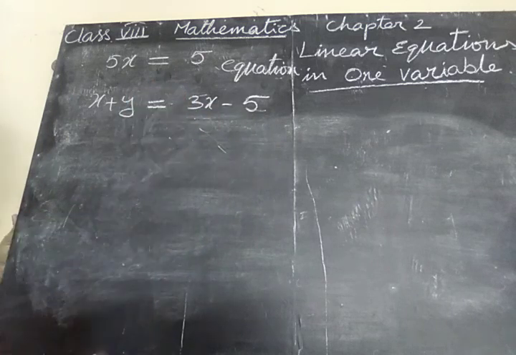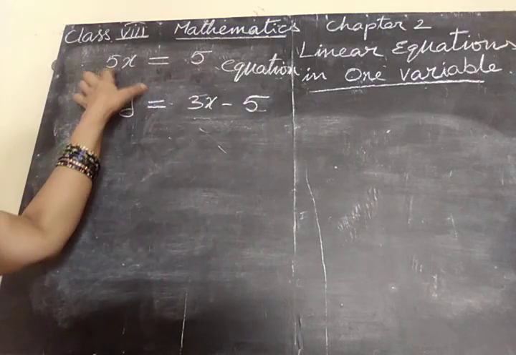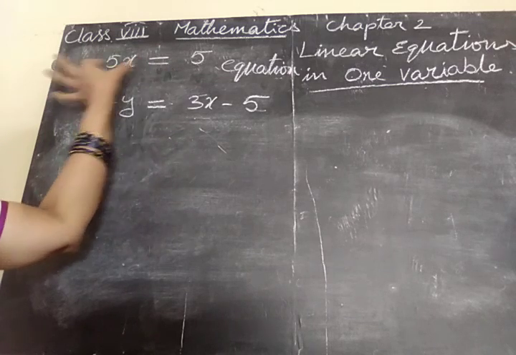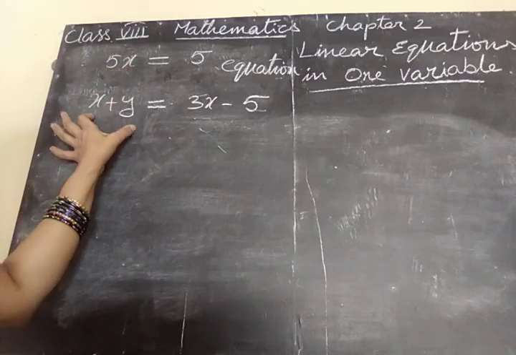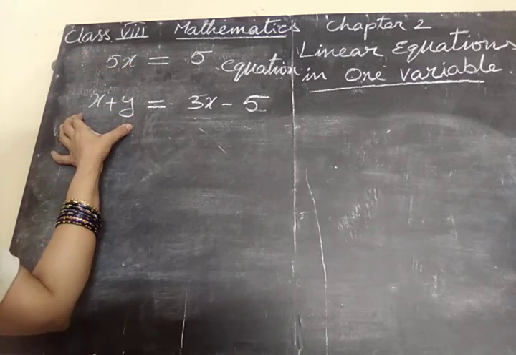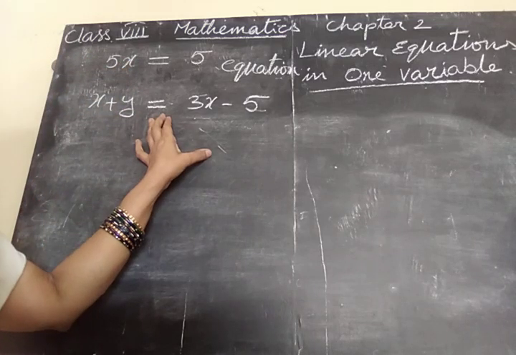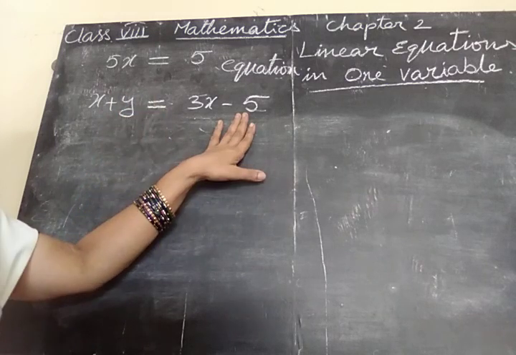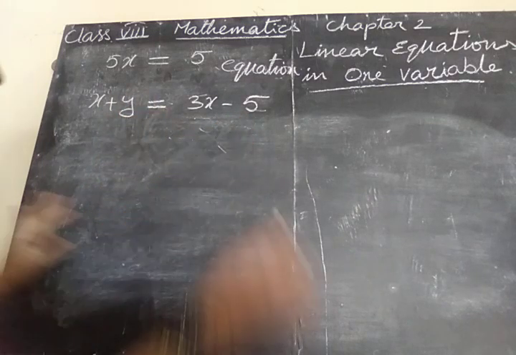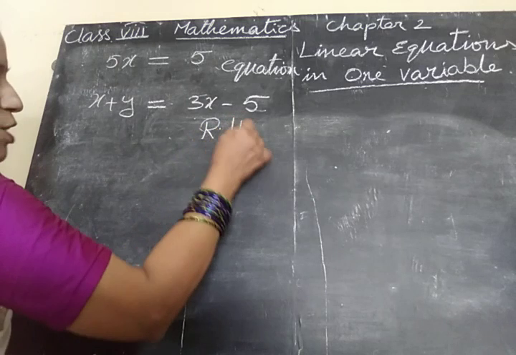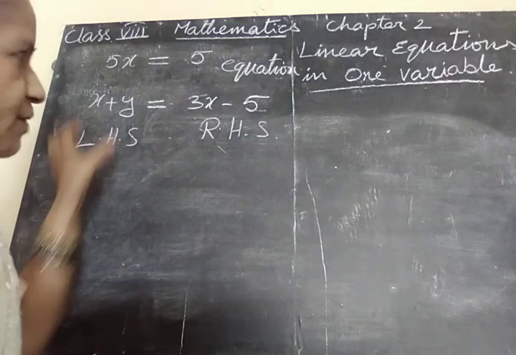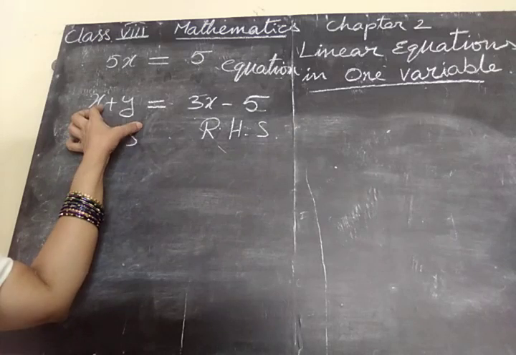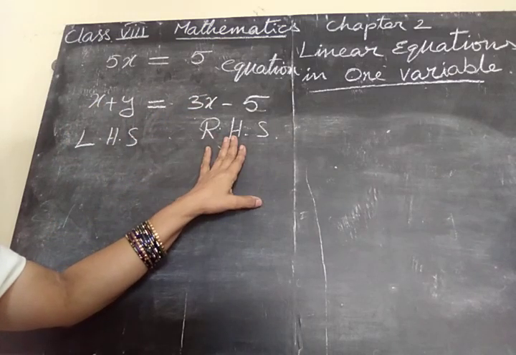In these equations, the left side of the equality sign is called LHS, the left hand side. The right hand side of the equality sign is called RHS.